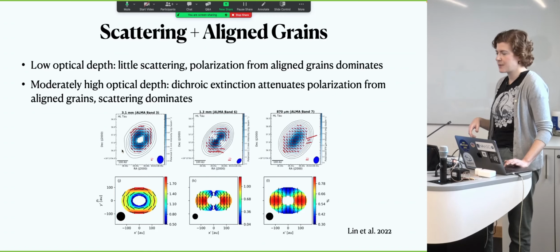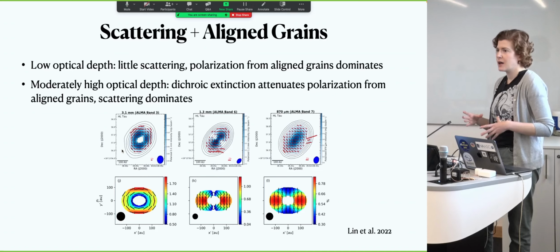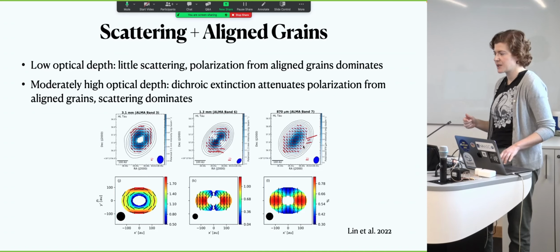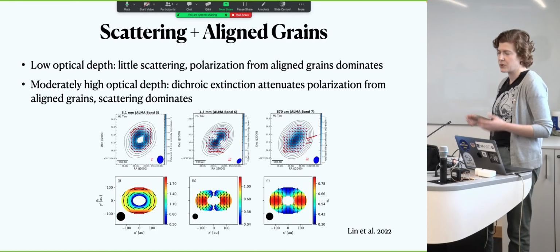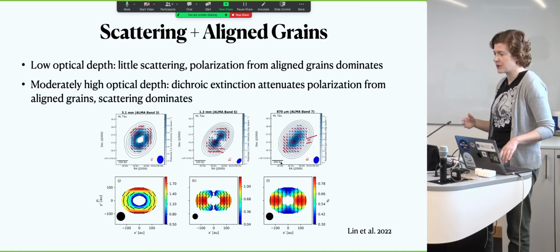So at low optical depths, at long wavelengths, there's very little scattering to begin with, so you mostly see polarization from aligned grains. As you go to higher optical depths, you get more scattering, but you also get dichroic extinction of the polarization from aligned grains, so you mostly see this scattering polarization.